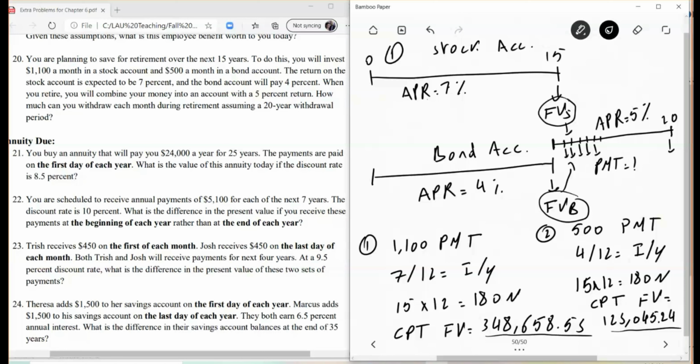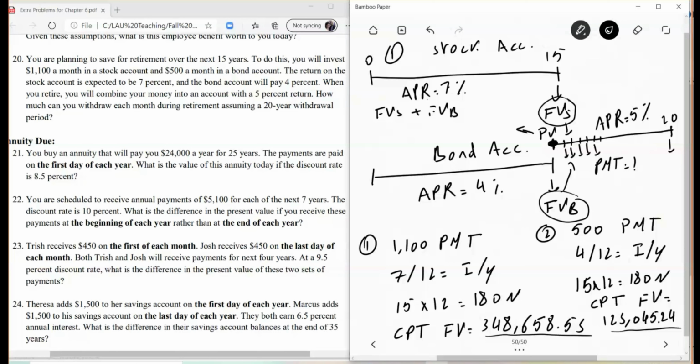So now I have the following. I have PV, the amount that's invested now. This is mainly the sum of FVS plus FVB. So the future value accumulated in the first account plus the future value accumulated in the bond account.